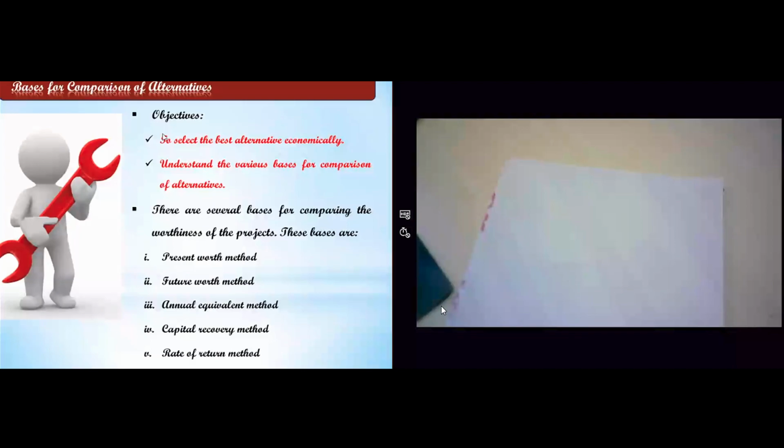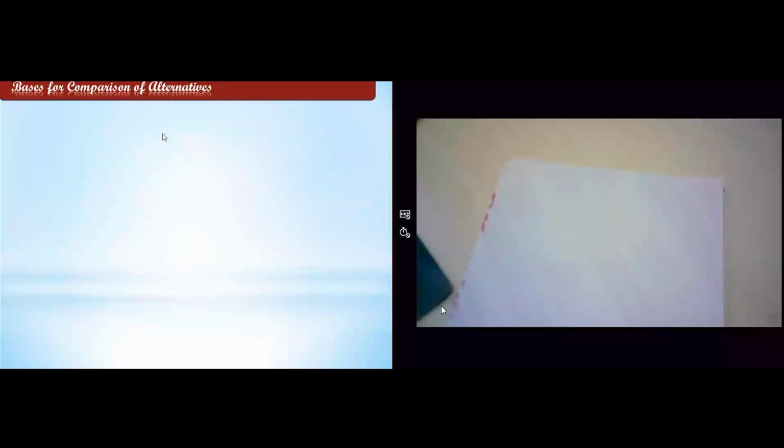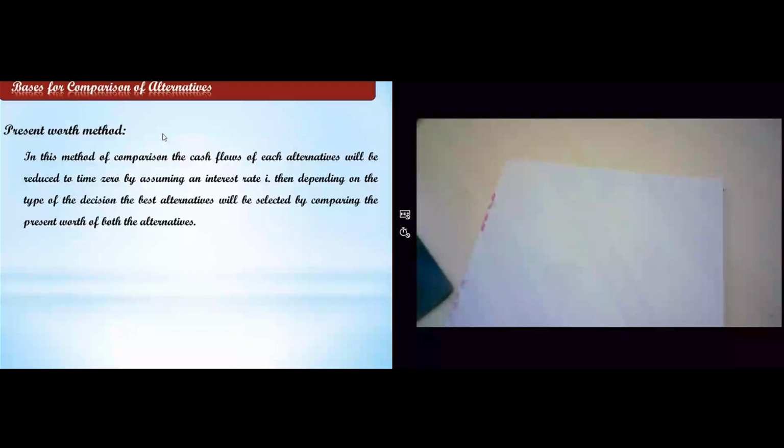Okay, so first we will look at the present worth method. As I have said, present worth is nothing but the value at time 0. Here also, what we are going to do is resolve the cash flows from the future period to time 0 by assuming some interest rate i.